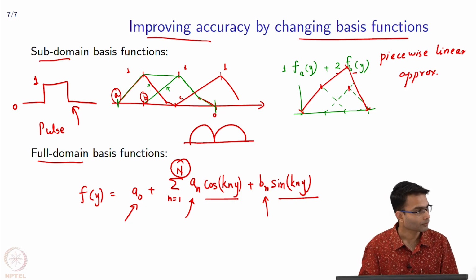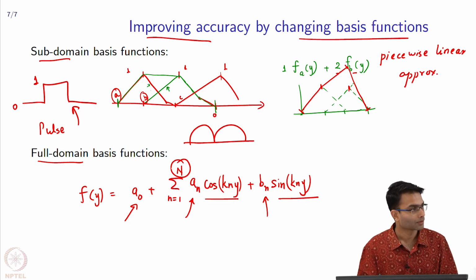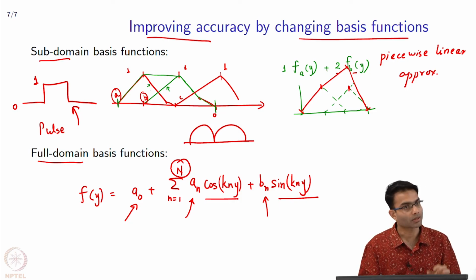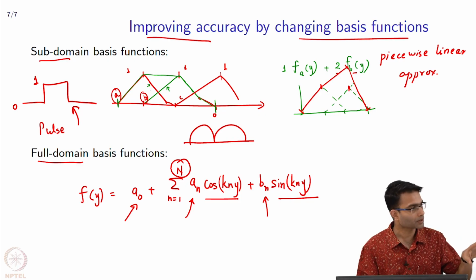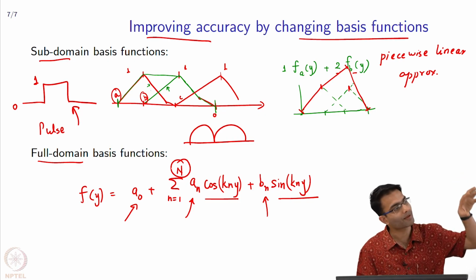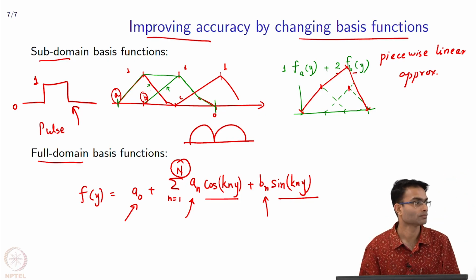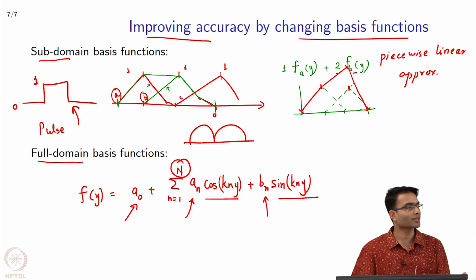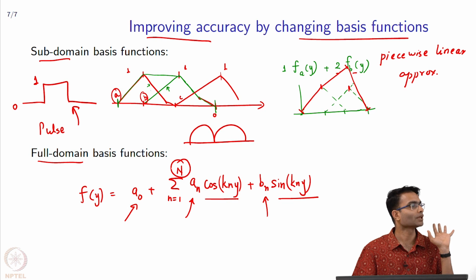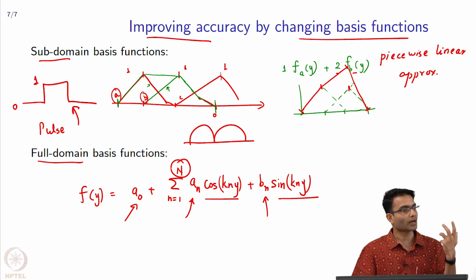But if you put this into that Green's function, the divided-by-root R term will remain as it is. Now your numerator will have one function of y prime. How will you integrate that? You use Gauss quadrature, Gauss-Legendre, any quadrature rule. I don't care what the function is; I just need to evaluate it at one point. More and more you will appreciate the power of a quadrature rule.